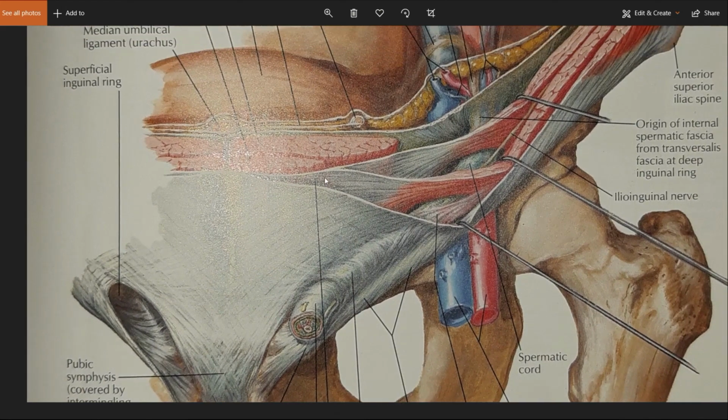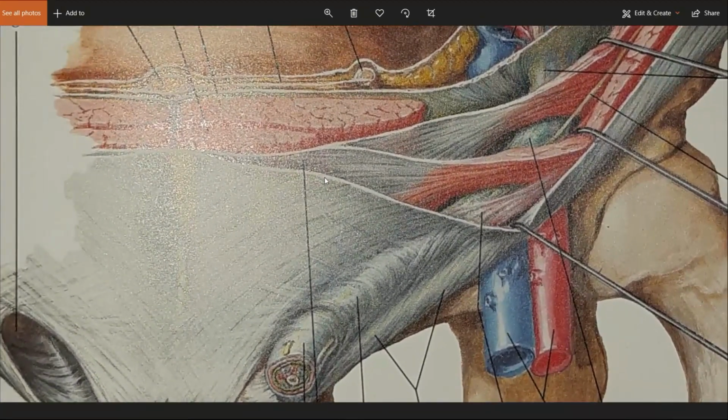This inguinal falx is a very important concept to understand, that it is nothing but the conjoint tendon. So, a conjoint fused union of the inferior fibers at the midline, not at the lateral sides.